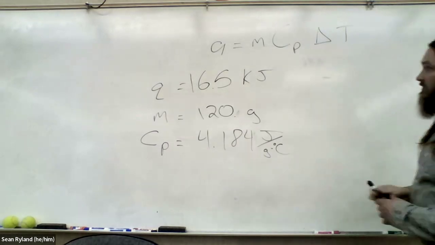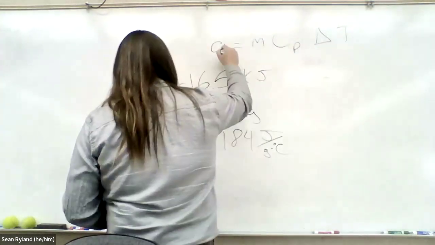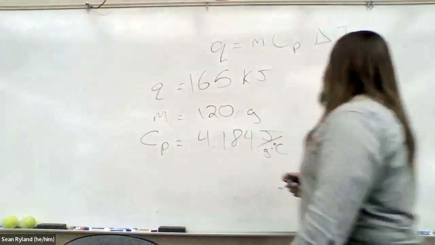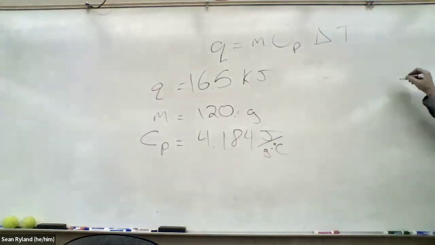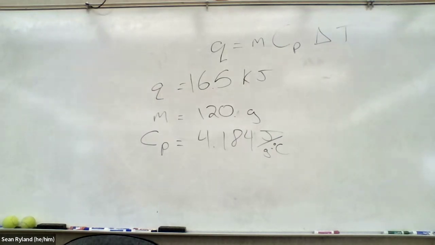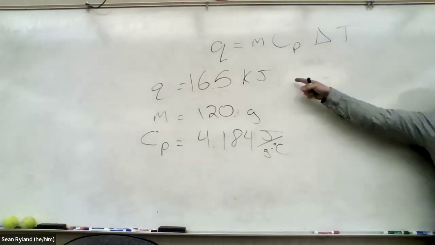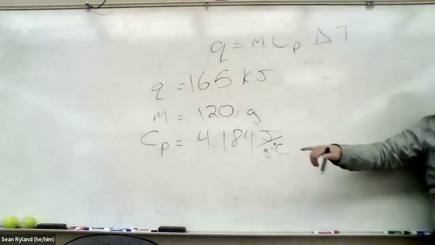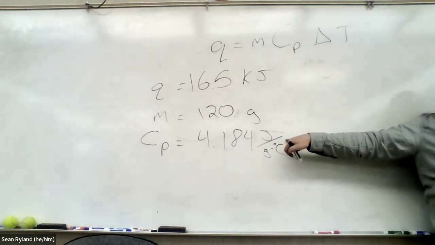So is it that easy? Watch out for units. Remember I told you that a joule is a pretty small amount of energy? Our Q is measured in kilojoules, but C_p is in joules.